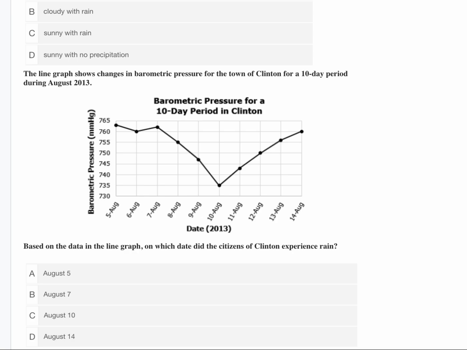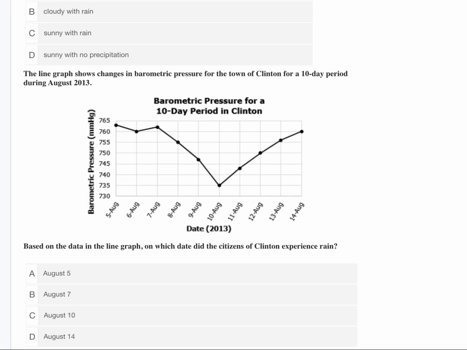X-axis: Date, 2013. 5th of August through 14th of August.